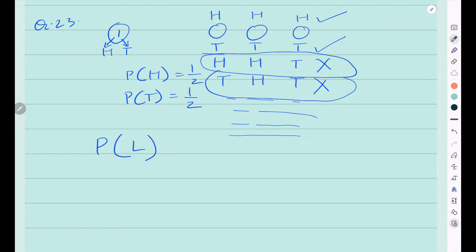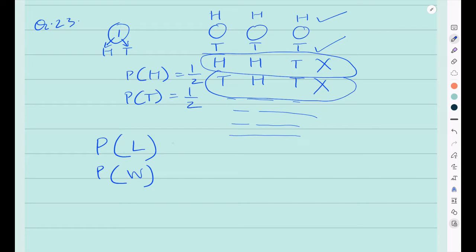What we can do here is calculate the probability of his win and subtract it from 1, because either he will lose or he will win.